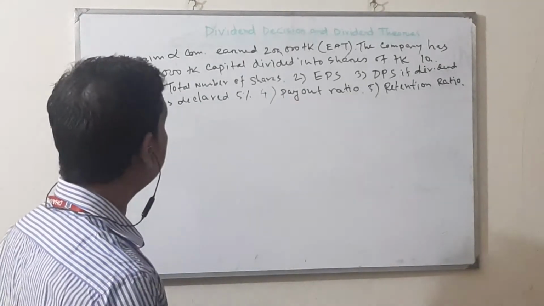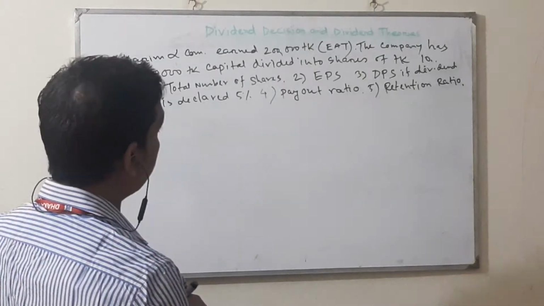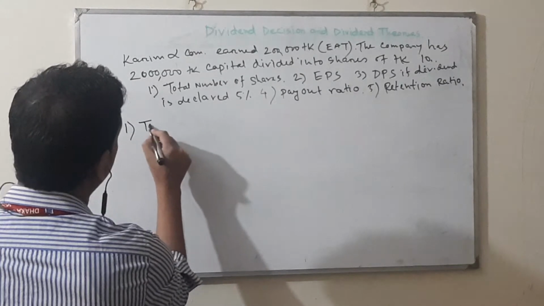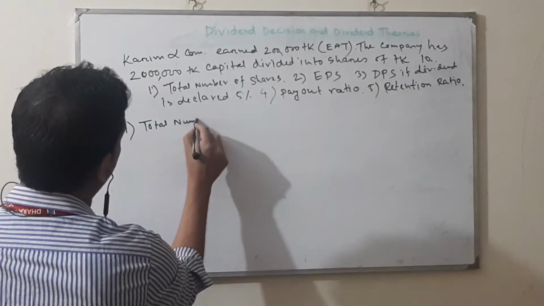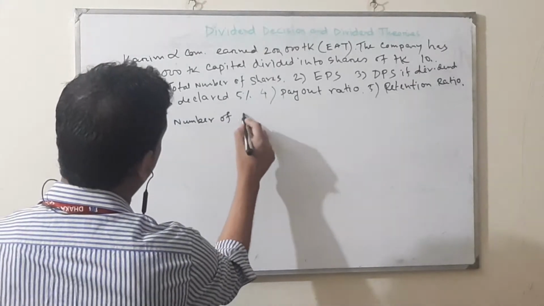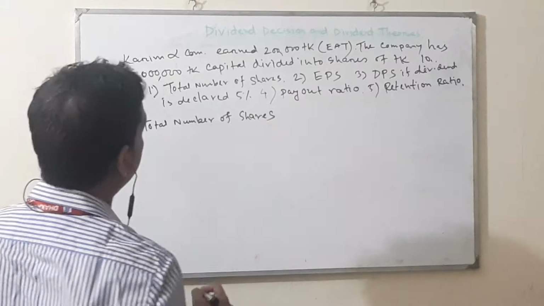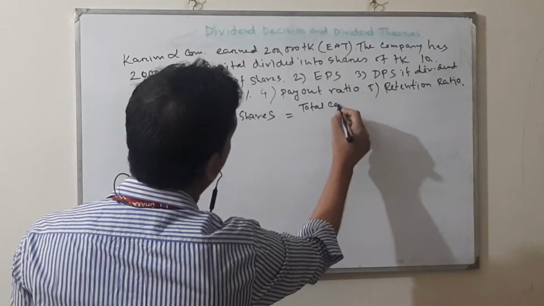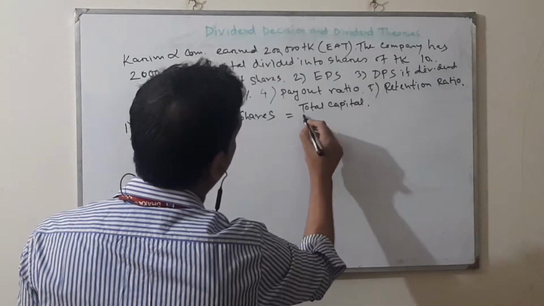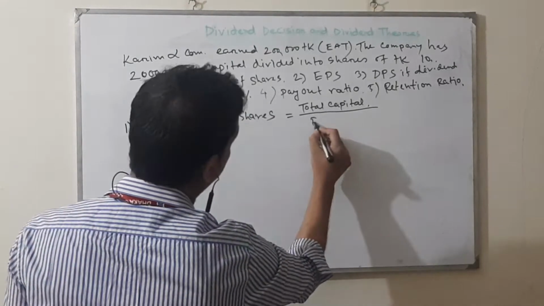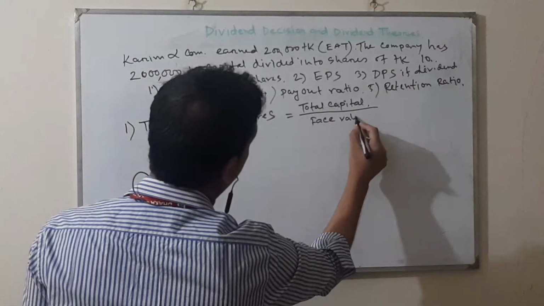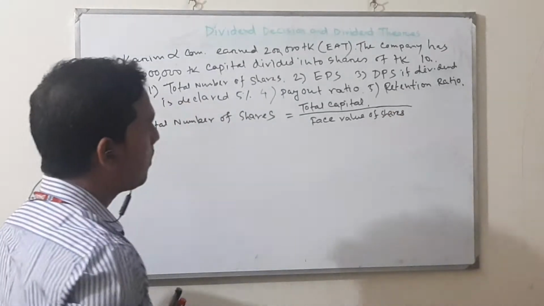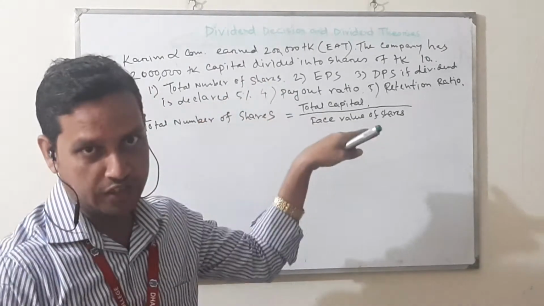Dear students, let's see. First one is the total number of shares. Total number of shares equals total capital divided by face value of shares. Okay, so all of the things are given here in this question.